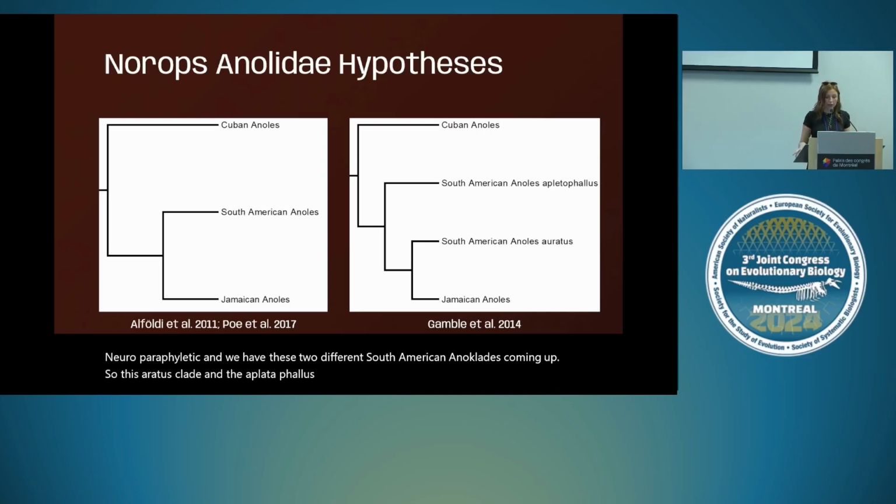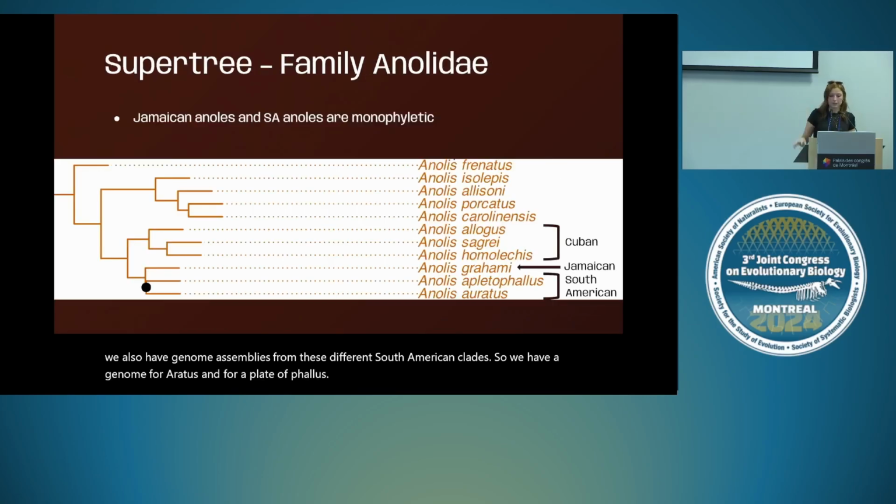Now we can investigate these alternatives using genomic data, as we have the first Jamaican anole genome assembly, but we also have genome assemblies from these different South American clades. We have a genome for auratus and for apletophalus. This is a zoomed in view of this larger squamate tree that I've shown you, looking at family Anolidae.